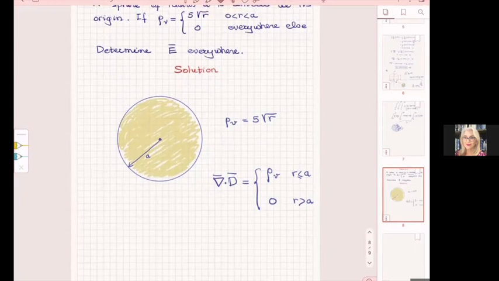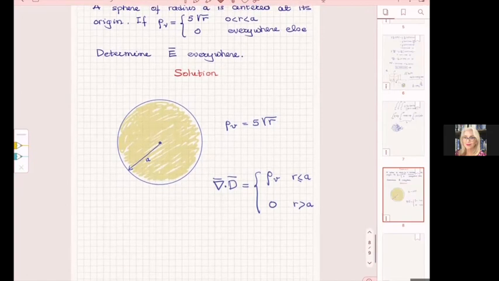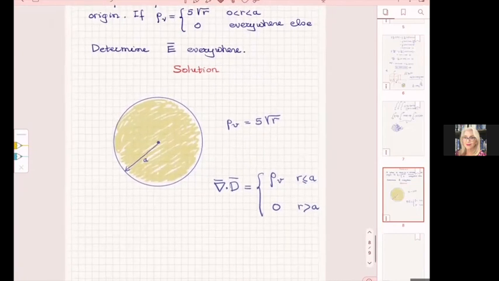Since there is only a variation with r, this is going to have a spherical symmetry, meaning no theta, no phi in the solution. So the field is going to be a function of r both inside and outside, but it's going to be a more complex expression for r inside because of the way the density changes. We'll see how we're going to do that.